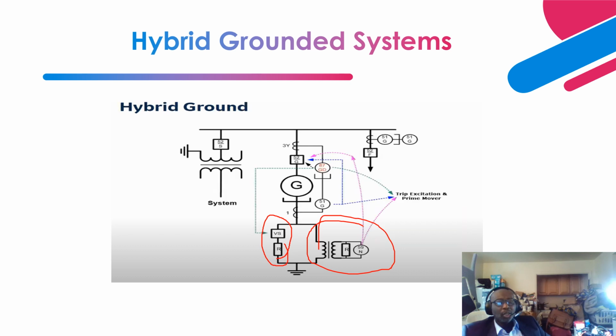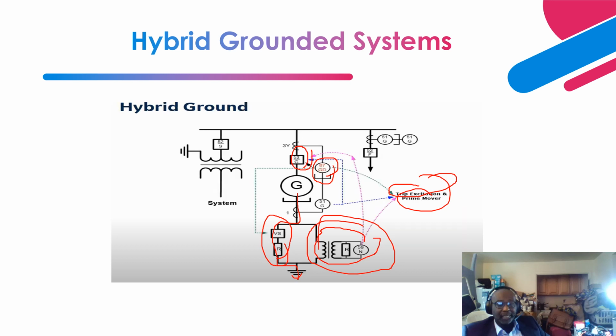When the generator is in nominal operation without any fault, the generator is connected through this path, right? But upon sensing of a fault, this ground differential relay identifies the fault, trips this breaker, trips the excitation system and the prime mover, and activates this grounding scheme.